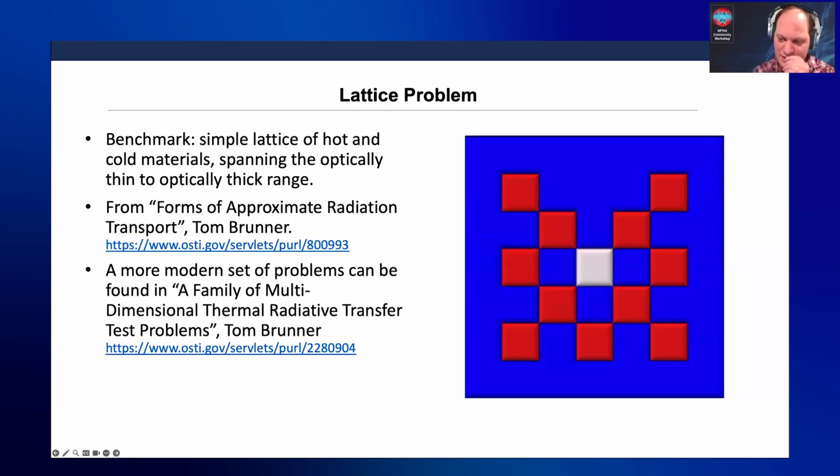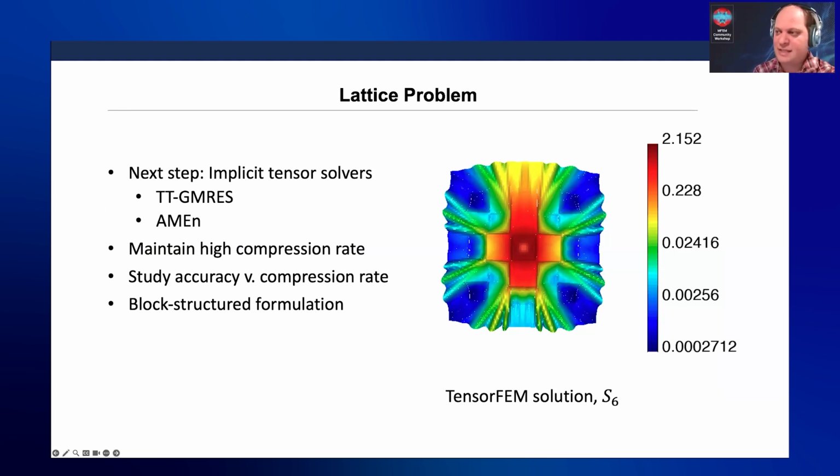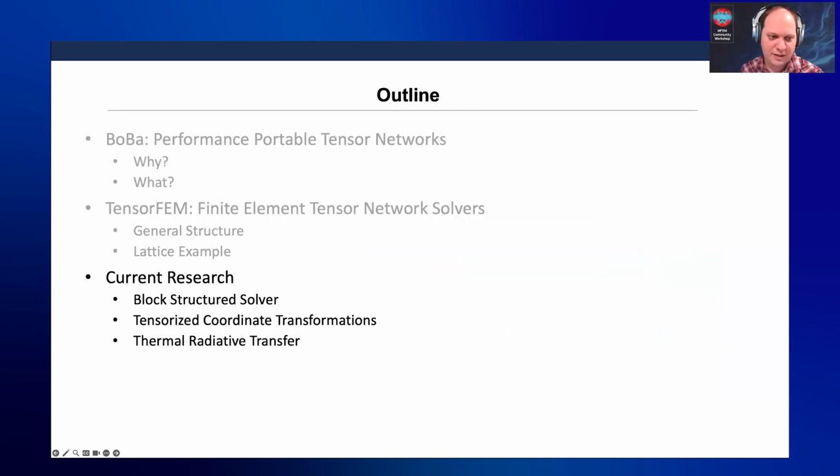There are 49 blocks here if you think of this as a checkerboard. You might maximize compression by having local tensor trains instead of one global tensor train. Figuring out how to do that in a sane way is also going to be interesting, maybe using the submesh capabilities or something like that. That's an area of future research.